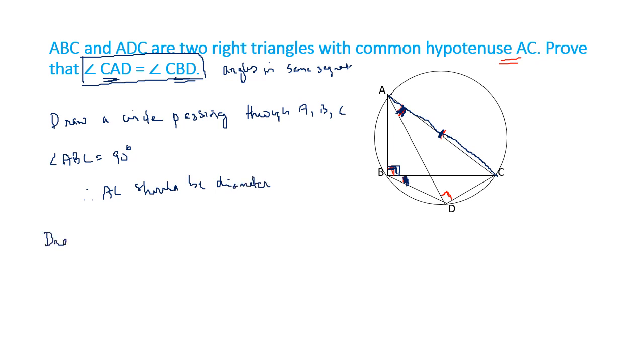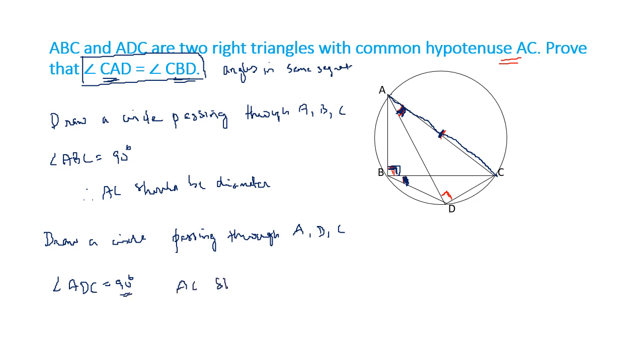Now draw a circle passing through points. Which points this time? Passing through, which point should I take here? A, D and C. But again here angle ADC equal to 90 degrees given. And AC is the hypotenuse, but if the angle is 90 degrees, it should be a semicircle.